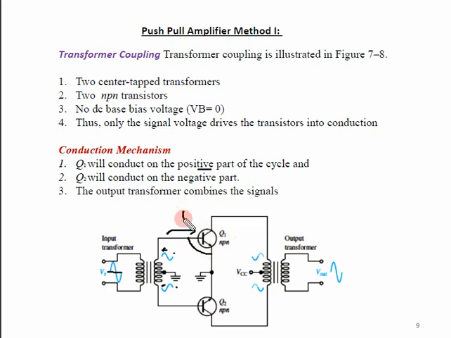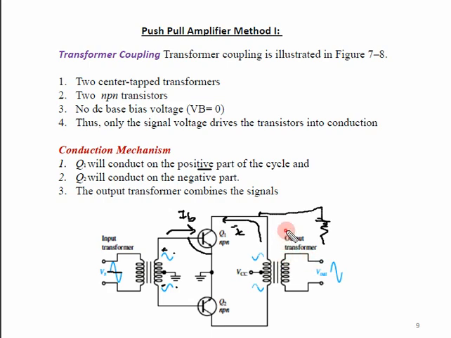So the base current IB flows, as a result of which the collector current IC flows. The collector is connected to a load, the load resistance, through the output transformer.